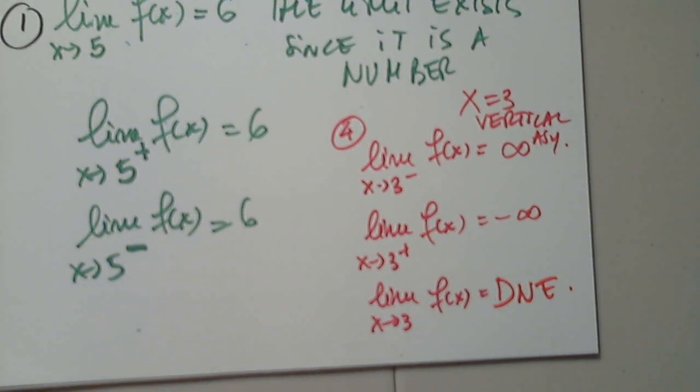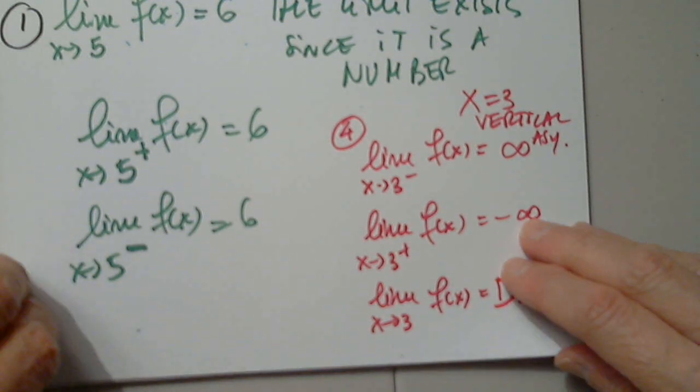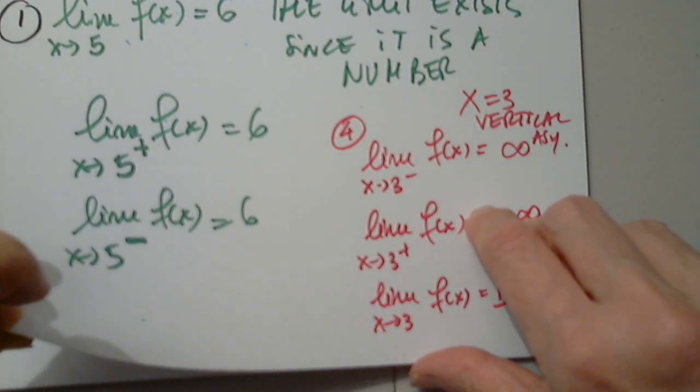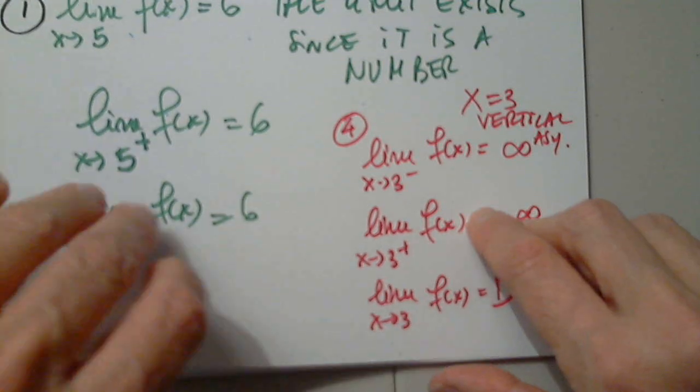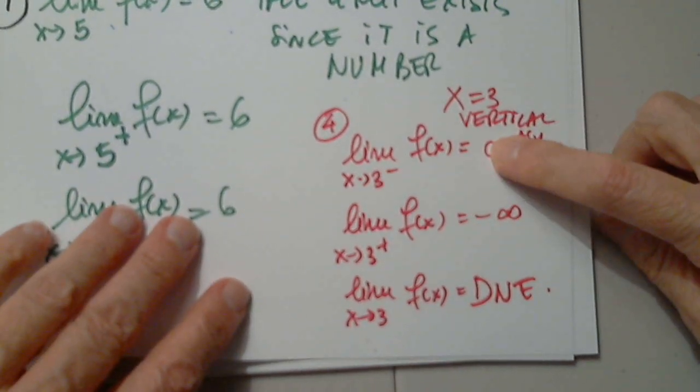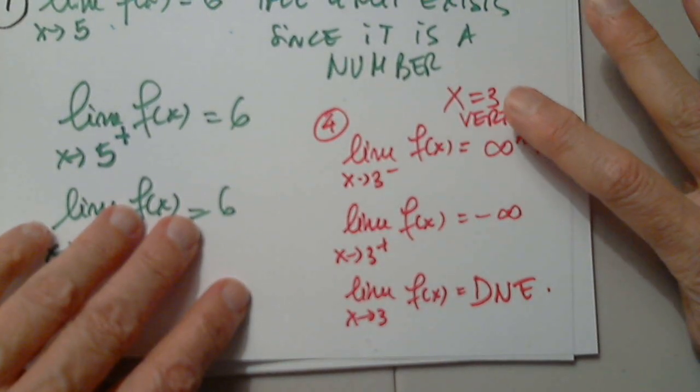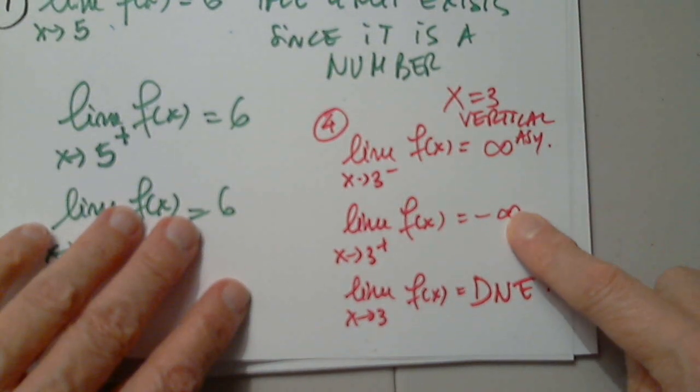How do we feel so far about the limits from graphs? Question: if they were the same, say both positive infinity, but since they're not a number, would I write D and E? Yes. This is D and E, but you cannot write D and E. You have to write infinity and you have to write negative infinity. Very good question. I'm on page 6.